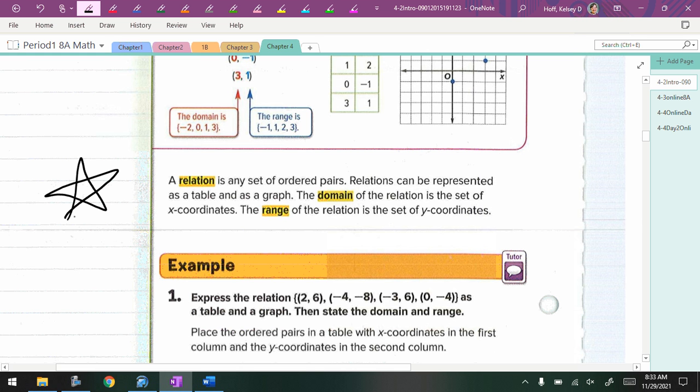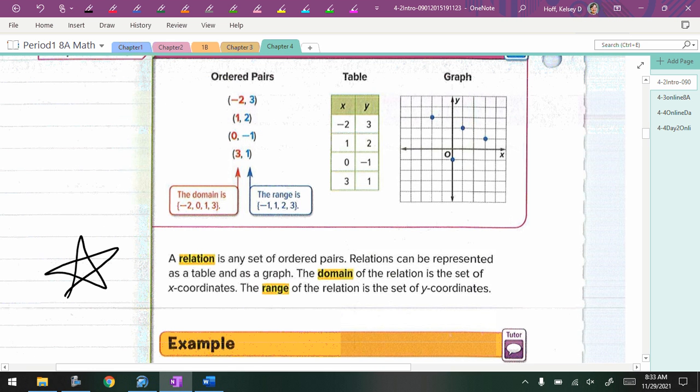The domain is the set of all of your x coordinates. So if we look at our ordered pairs, they took out all the x's, and that's my domain. Our range is all of our y coordinates. So you pull apart the coordinates into two separate lists.